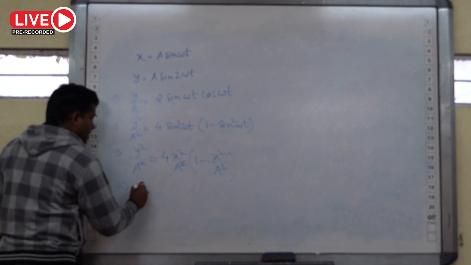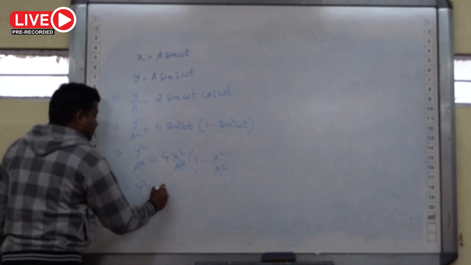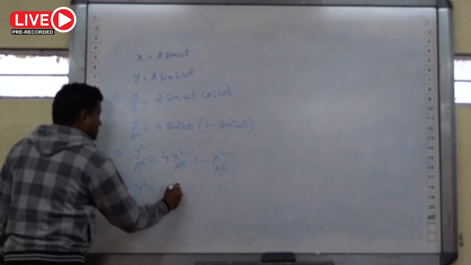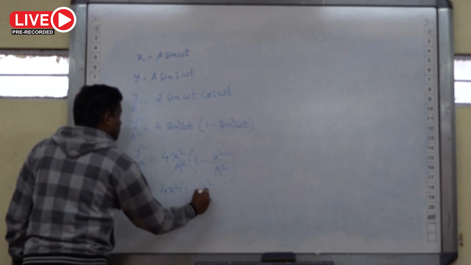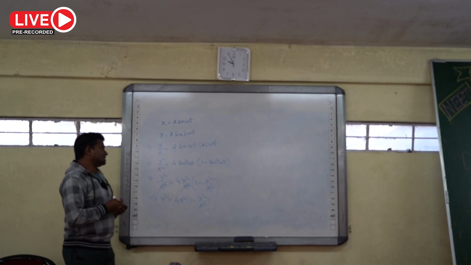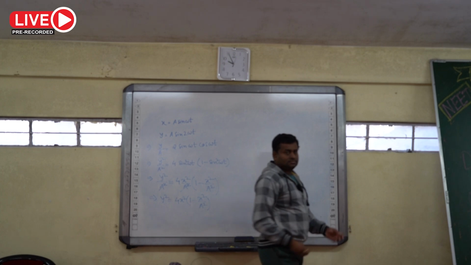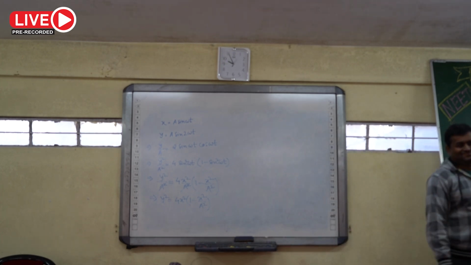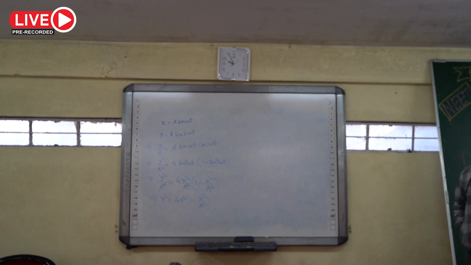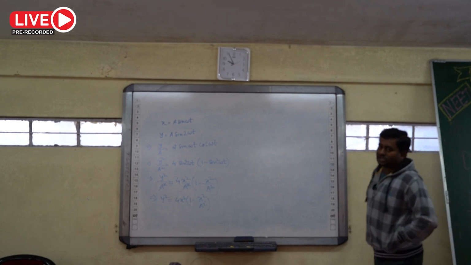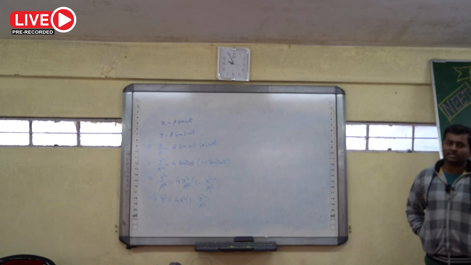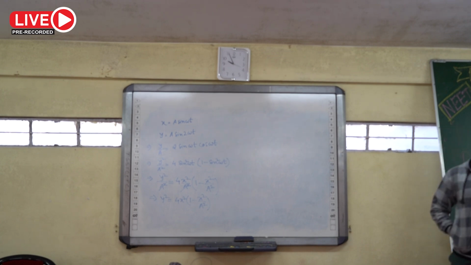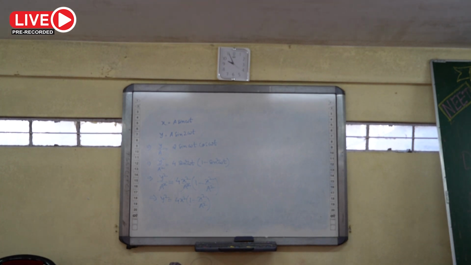So the equation is y square equal to 4x square into 1 minus x square by A square. This is the solution. For cos omega t, you have to take cos square omega t so that we can replace it by 1 minus sin square omega t, and then put the value of sin omega t from the first equation.